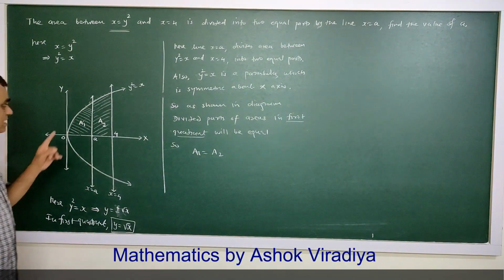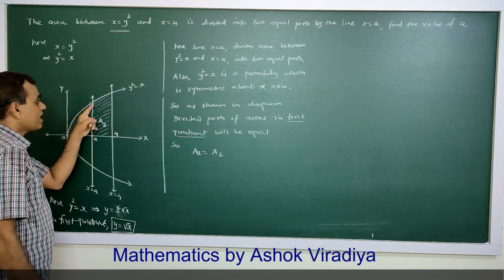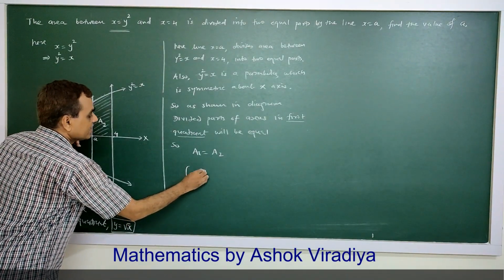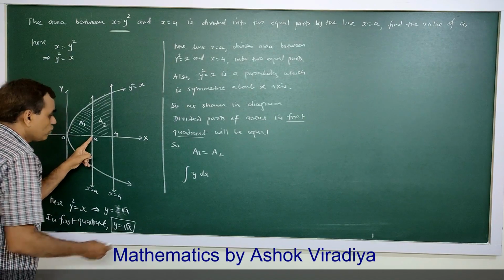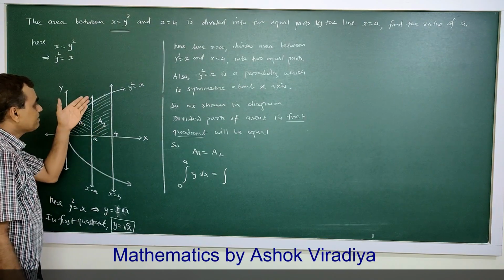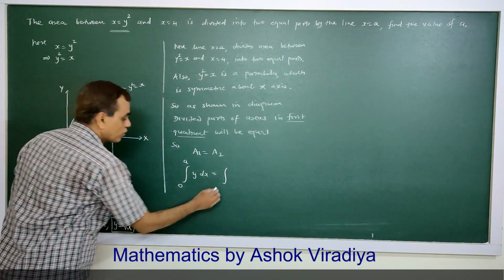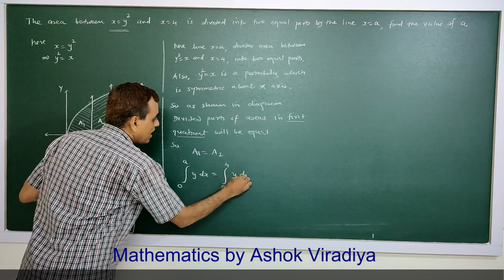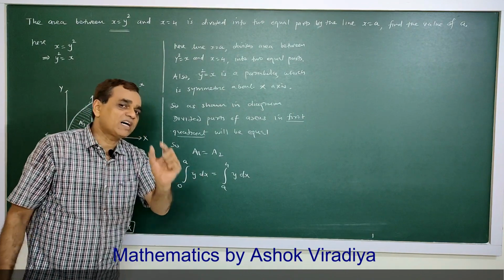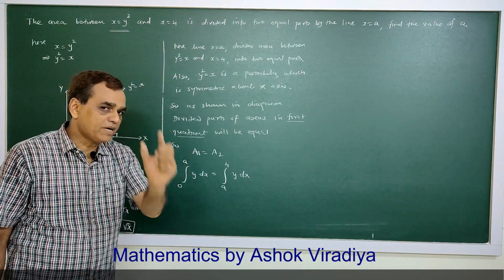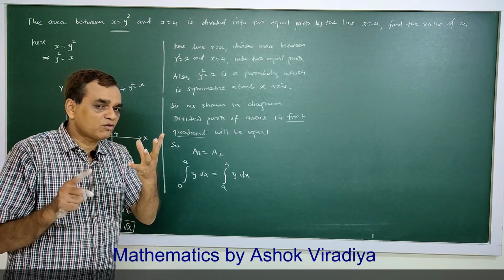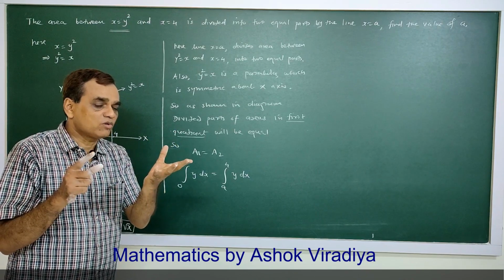Now A1 is the area bounded by y equal to root x, that is, integral of y dx from 0 to a, equal to the area between x equal to a and x equal to 4, integral of y dx from a to 4. Remember, the formula y dx is applicable only when the region has the x-axis as one boundary.